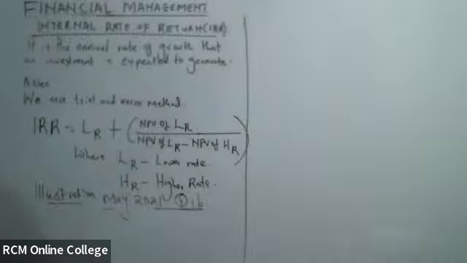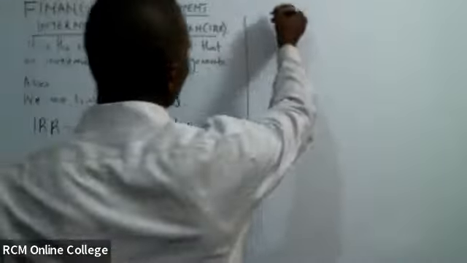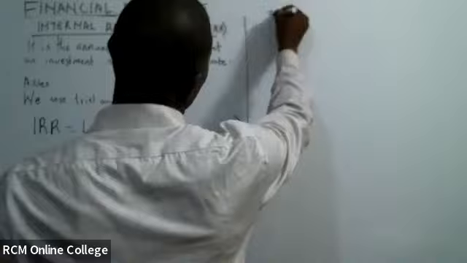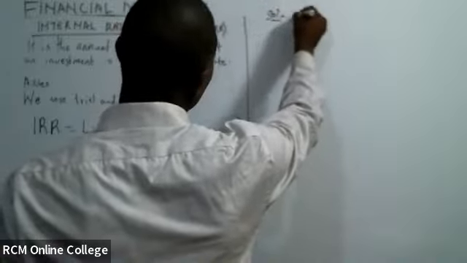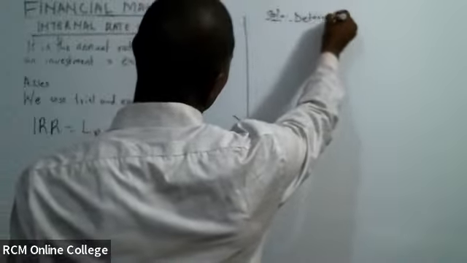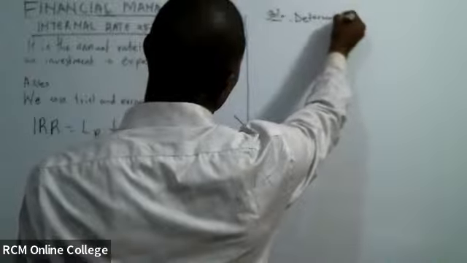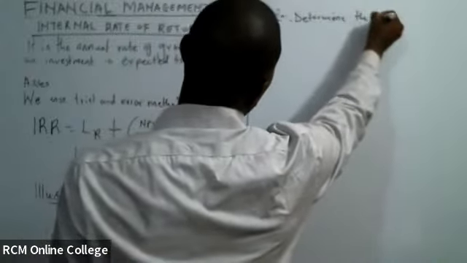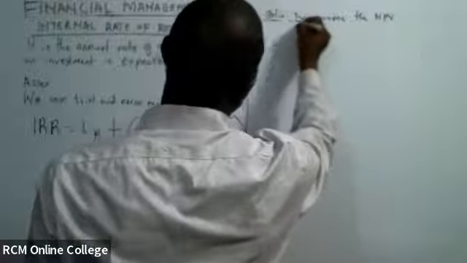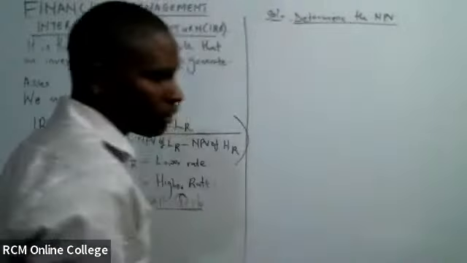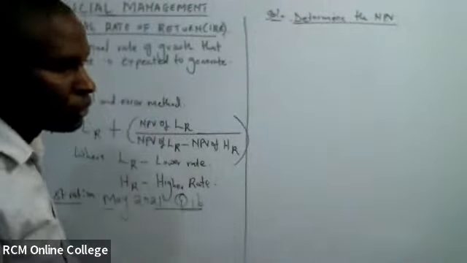Okay. So we want to advise the management. So the first step is to determine the NPV. So let's move with it very fast. Determine the NPV, the net present value.